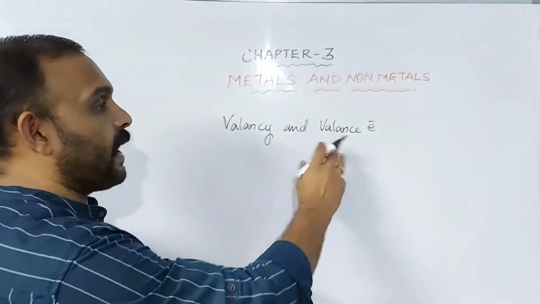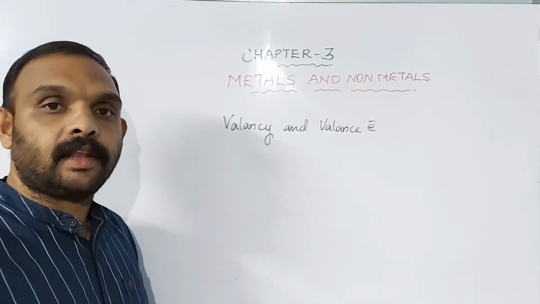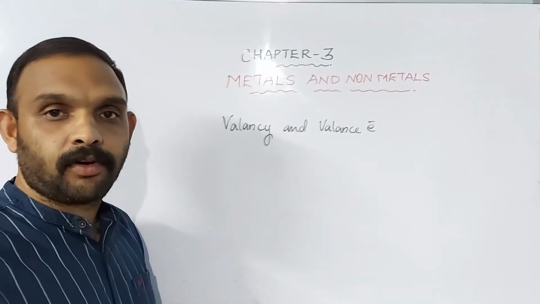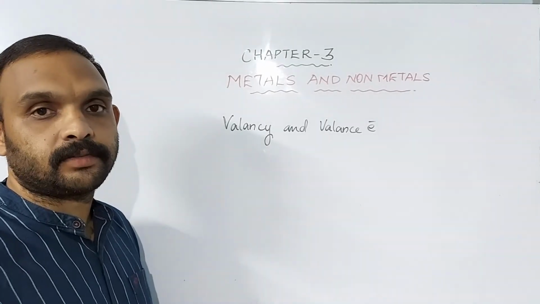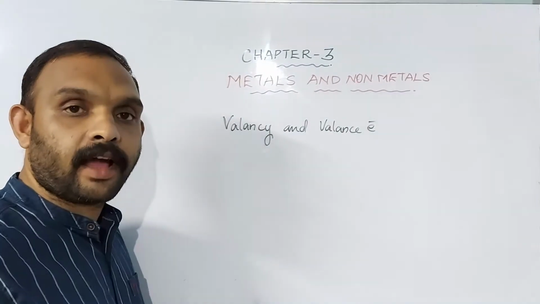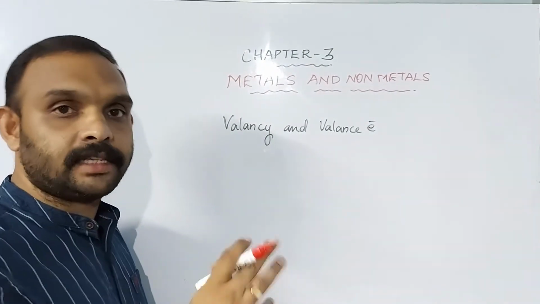Then what are valence electrons? The number of electrons present in the outermost shell of an atom is called its valence electrons. This valency and valence electrons have great importance to define a metal. Let's see what it is.